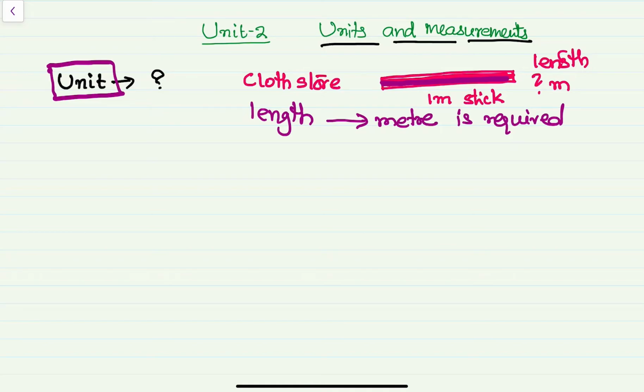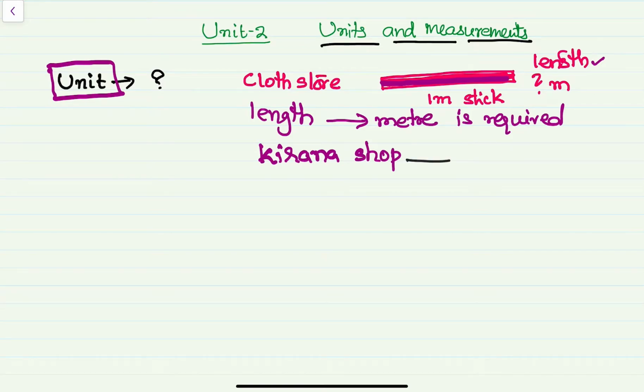Next, if we go to a grocery shop, or in our general language, a kirana shop.